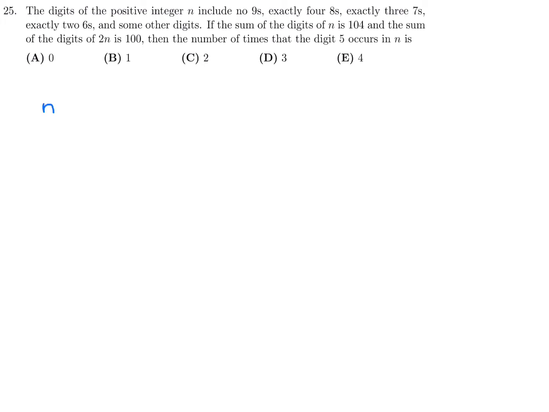Well, n is some number. It's got 4 8s, 3 7s, 2 6s, and then a bunch of other digits. I have no idea what those digits are. But they tell me that the sum of the digits is 104. Well, so far, what is the sum of the digits? We got 4 8s, so that's 32. 3 7s, that's 21. We got 2 6s, so 6 plus 6 is 12.